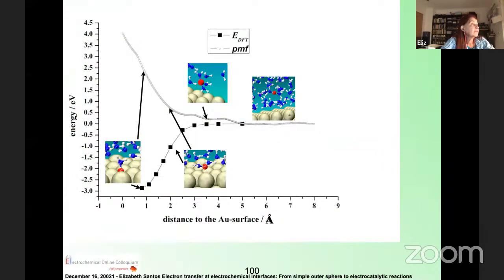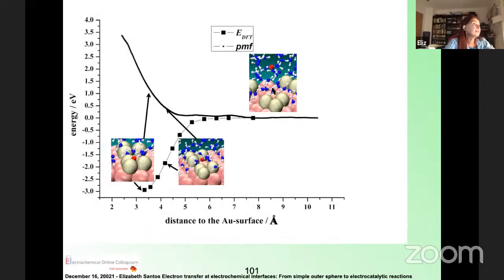For example, here are some screenshots at different parts of the reaction when approaching the surface, and we see for the flat surface that the PMF has increased a lot. That means it has lost a lot of solvation shell when it reaches the final state. That is not the case in this cluster.